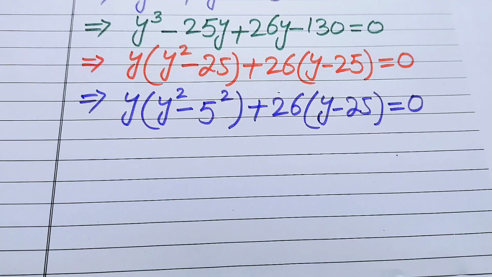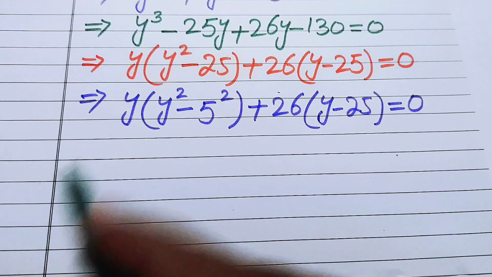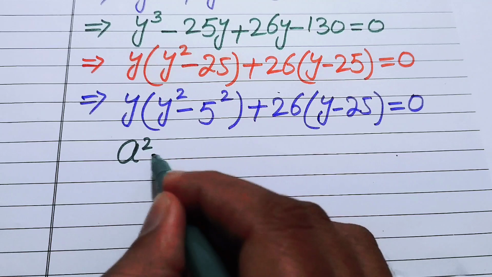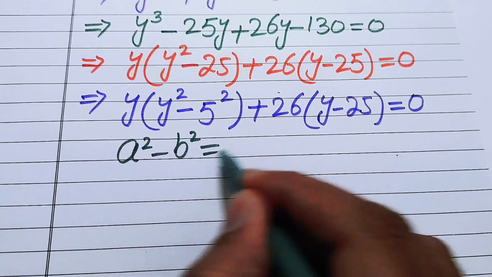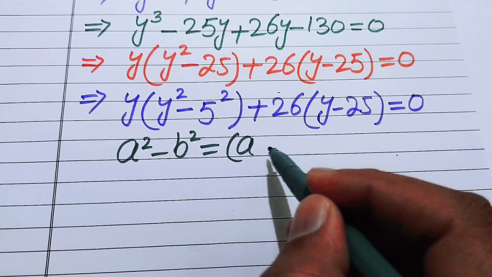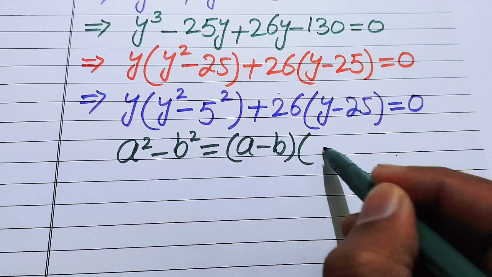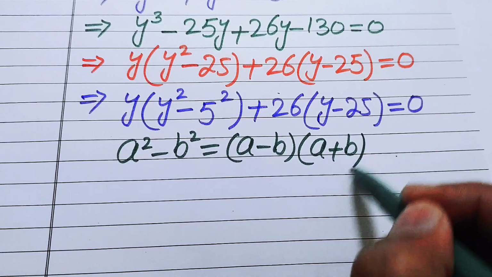Here we need to use the nice square identity, and you know about this identity. If we have a squared minus b squared, it equals a minus b times a plus b.